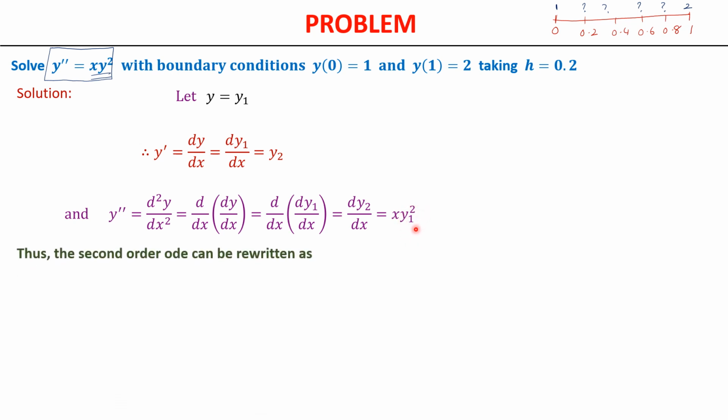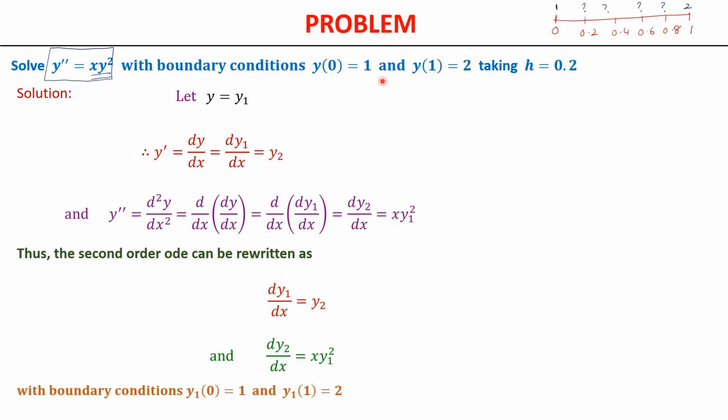Now rewriting, the second order ODE is written as two first order ODEs. The first one being dy1 by dx equal to y2 and the second one being dy2 by dx equal to x y1 square. So the boundary conditions have not been touched so far. Now the second order ODE is reduced to two first order ODEs in this particular slide. Now let's move on to the next step in the next slide.